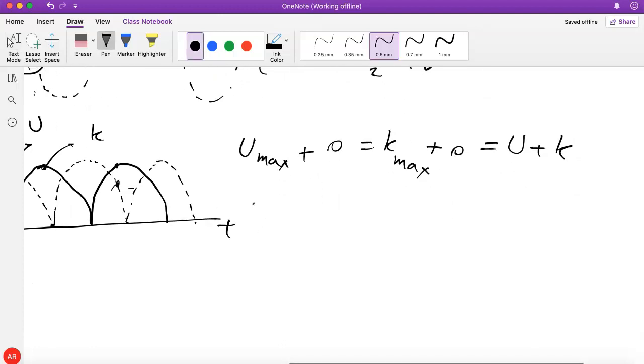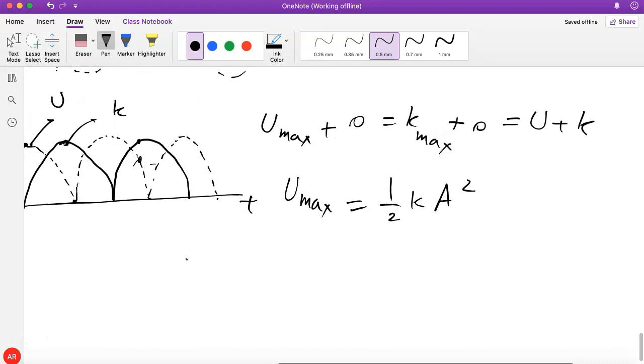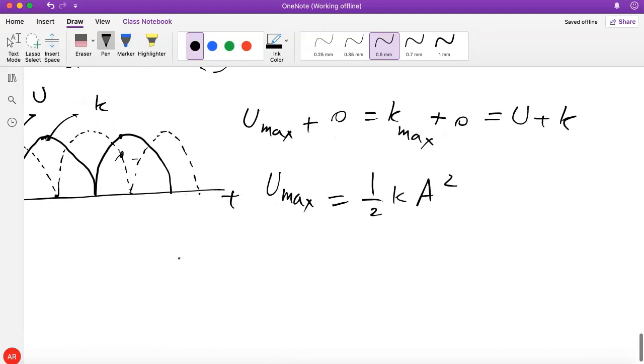So what can we say about U maximum? Well, what is the maximum displacement? It's 1/2 k A squared, right? Our motion, remember, goes between minus A and A. So the maximum length squared is A squared.